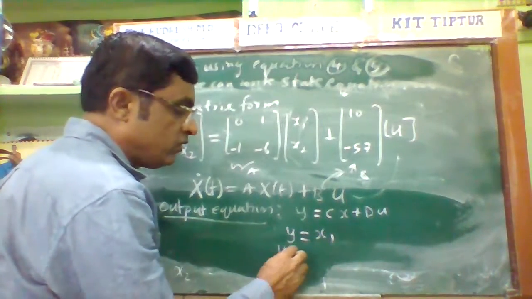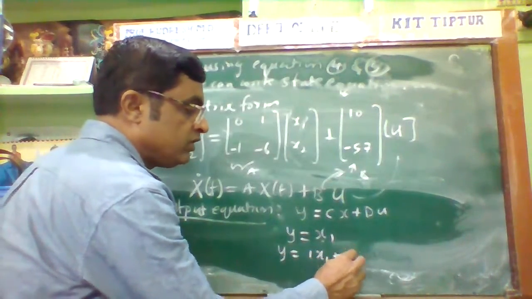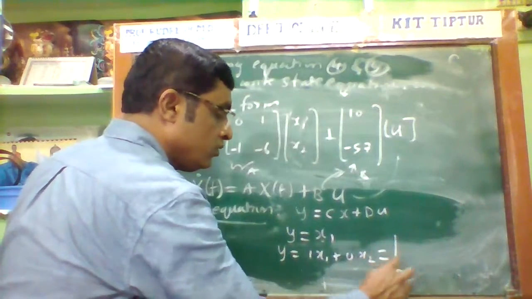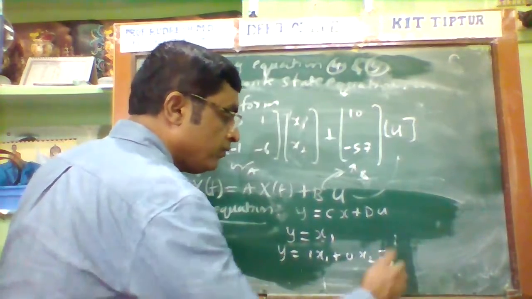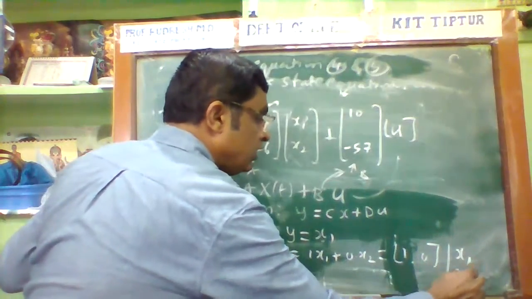Therefore, y has only one term present: 1 into x1 plus 0 into x2. This can be written as y is equal to [1 0] into [x1 x2].